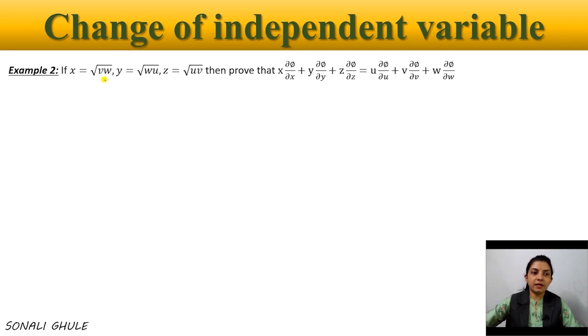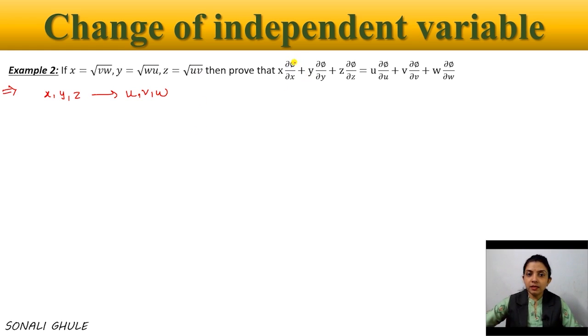Now this time, see here from the given part, always write down the dependency first. x is given to you as vw, y is given to you as uw, and z is given to you as uv. So from these, what can we say? x, y, z, these three variables are depending on u, v, w. Three variables. Okay?